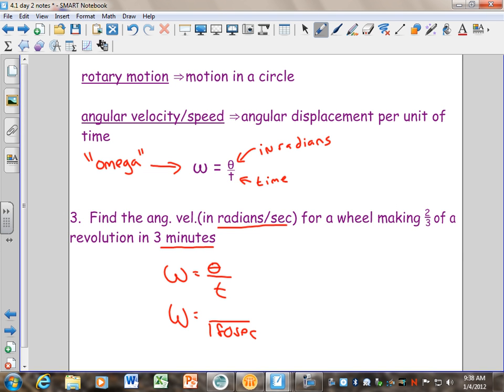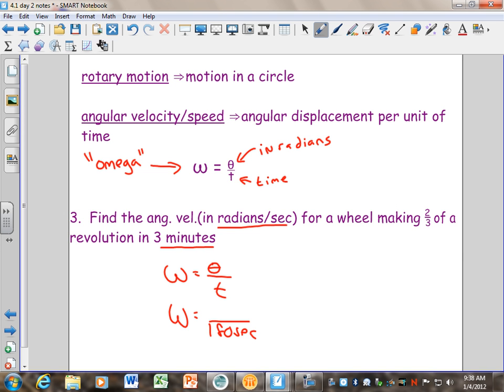What about the angle? All I know is the wheel made 2/3 of a revolution. How can I figure out how many radians are in 2/3 of a revolution? How many radians are in one whole revolution? 2 pi, right?